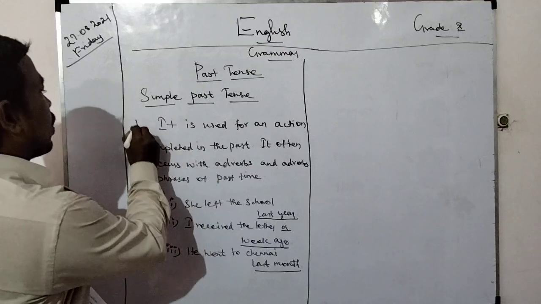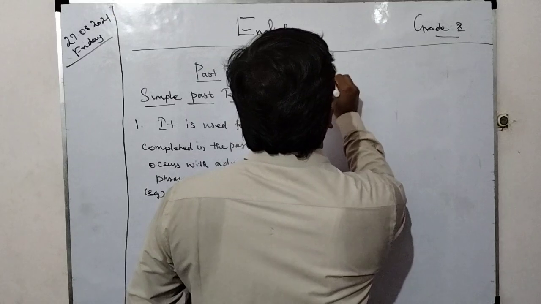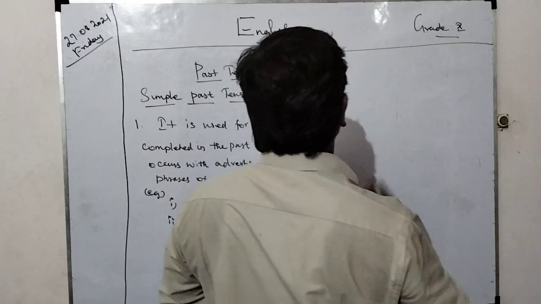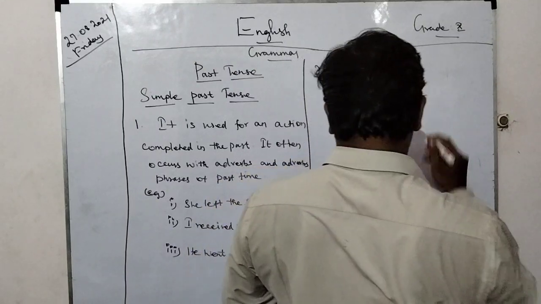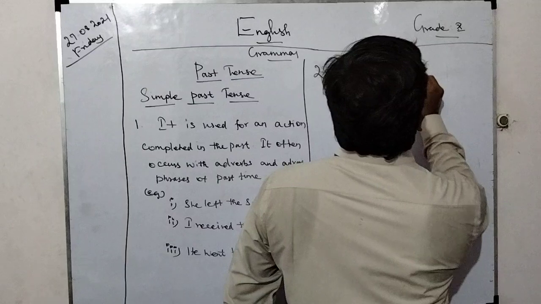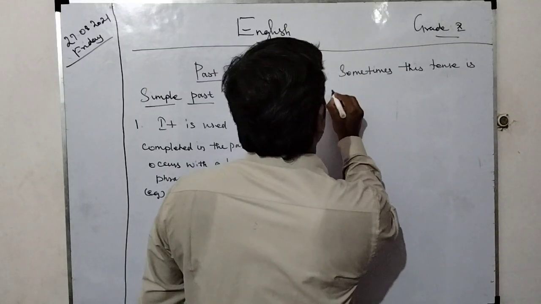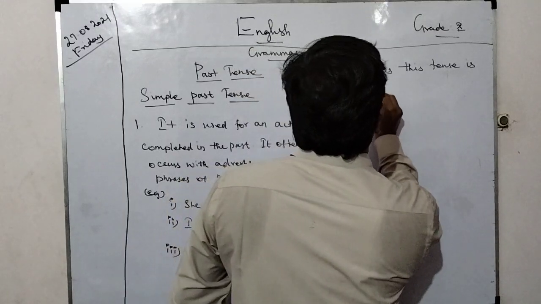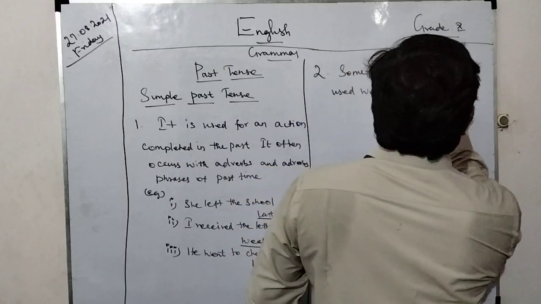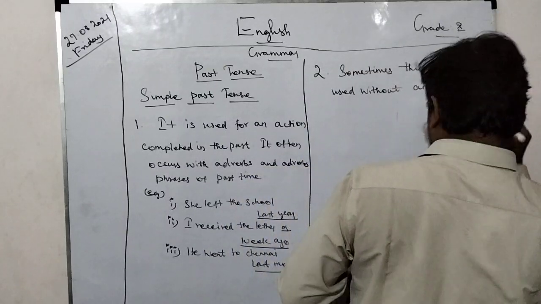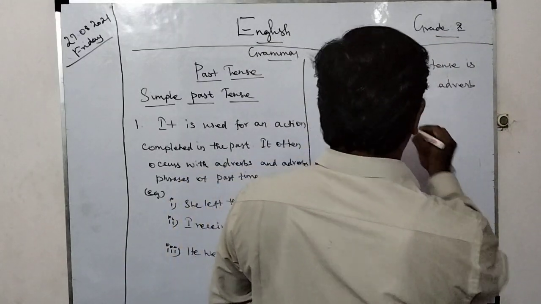This is the first rule for simple past tense. Write fast. The second rule: sometimes this tense is used without an adverb of time.